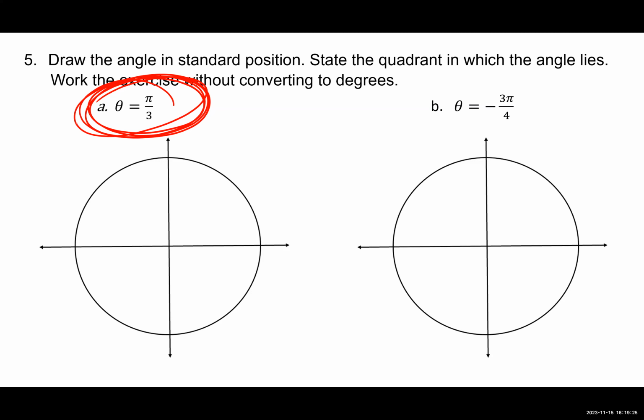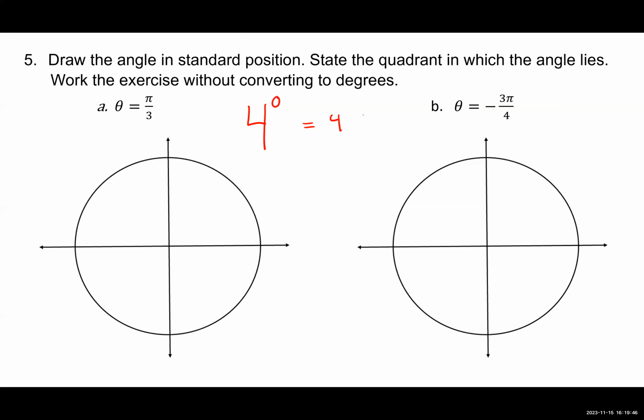Well, pi over 3 what? What's the units? So what we're going to do is use a little bit of shorthand notation. If we're talking about degrees, we need the degree symbol.